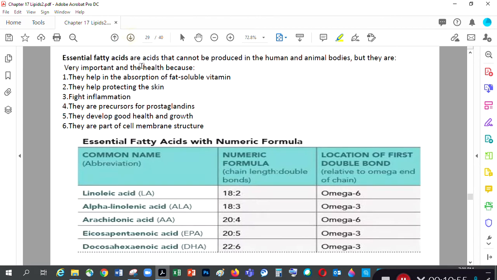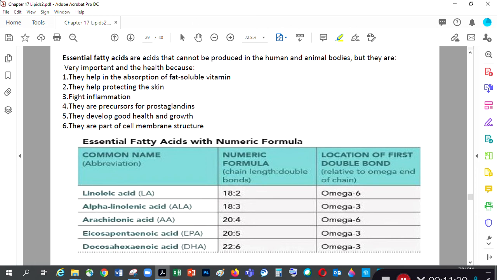Let's go further. Now we'll talk about essential fatty acids. Those essential fatty acids are not produced in humans or animals. We need them in our body because they are very important. So therefore, we get them through our meat, correct?